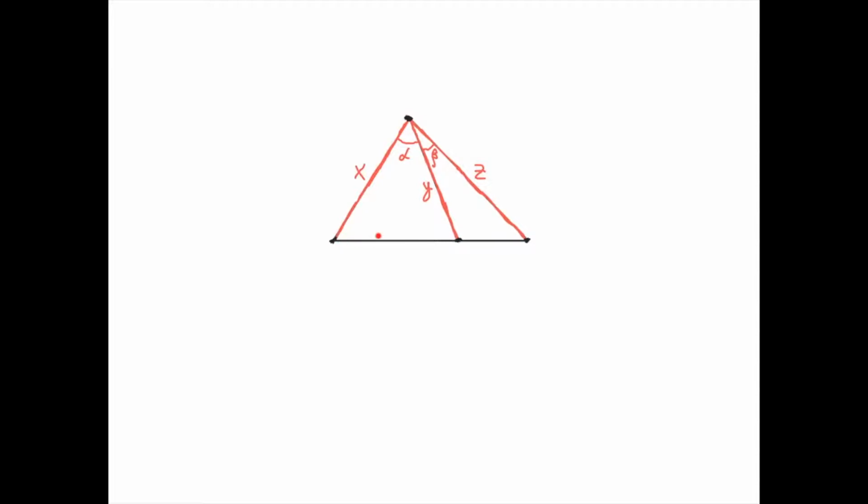Obviously, the area of this triangle plus the area of this triangle equals the area of the large triangle. And so x times y times sine of alpha divided by 2, which is the area of this triangle, plus y times z times sine of beta divided by 2, which is the area of this triangle, equals x times z times sine of alpha plus beta divided by 2, which is the area of the large triangle.